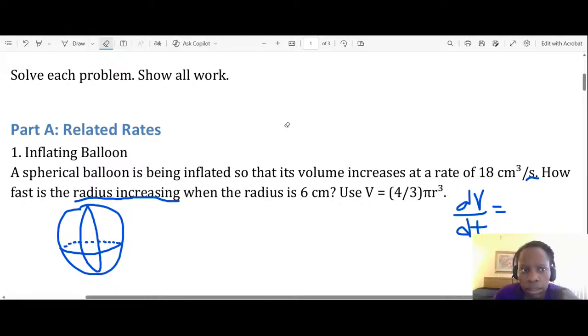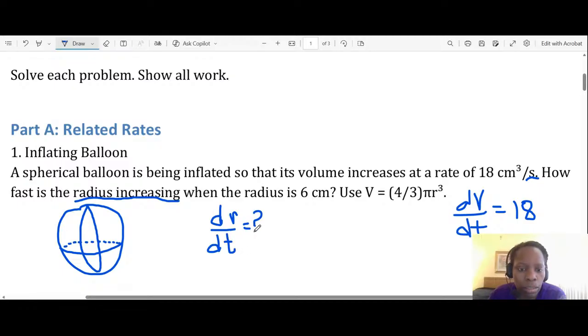So let's take it back to the drawing. We know that dV/dt is 18, and dr/dt is what we want to find. So we'll use our equation, V equals 4/3 pi r cubed, and then we'll take a derivative.